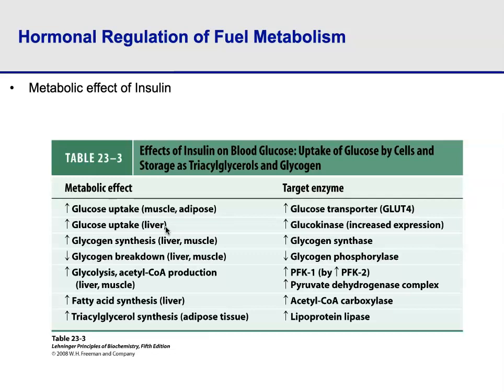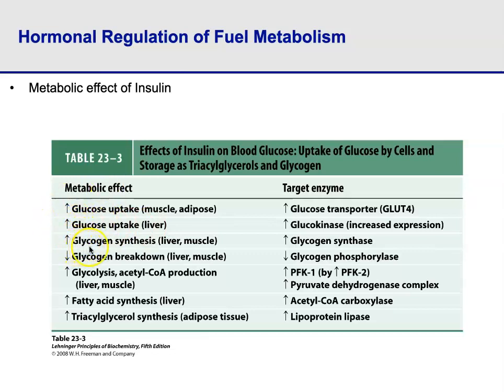In addition, it also picks it up so that you will store it as glycogen. The liver is the main source of glycogen, which is the major reserve for glucose in the body in case of starvation. So, increased glucose uptake.